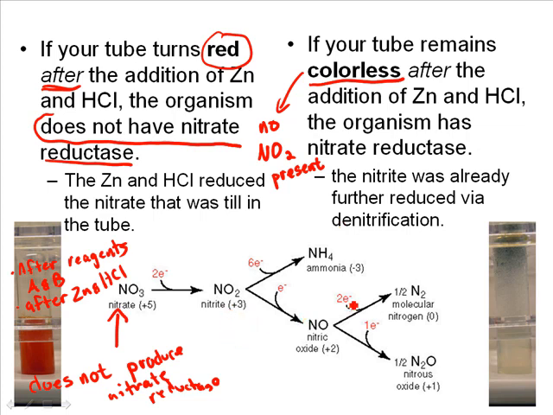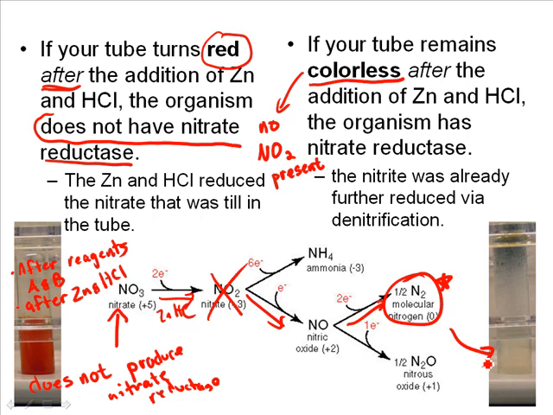What that means to me is that the nitrate was already converted to nitrite, and then that organism already reduced nitrite to N2. You cannot further reduce molecular nitrogen. It is at the end point. So even though you've added zinc and HCl, we're already well past nitrite. We're already here. And therefore, that tube will remain colorless.